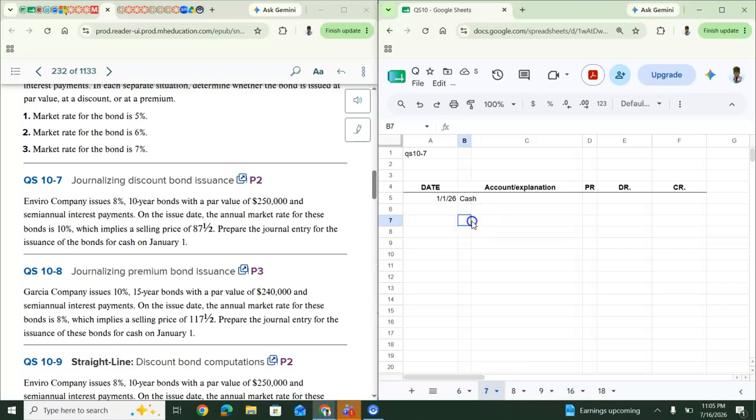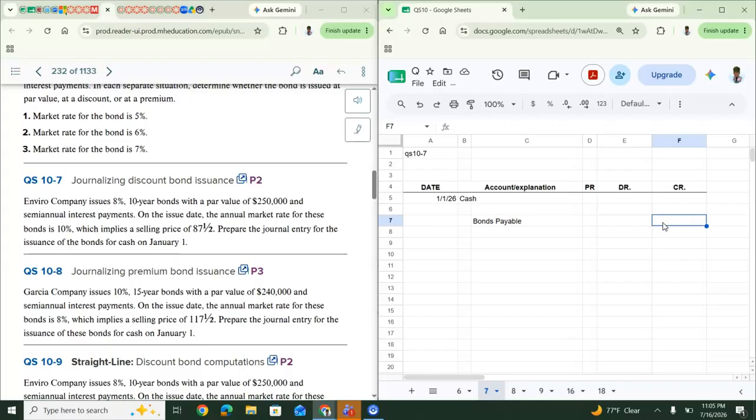I do know it's a discount, but just for the sake of showing you efficiency and how to easily journalize it, you're going to credit bonds payable. Bonds payable will always be credited for the amount of the par value, because that is the amount that will be paid back at the end.